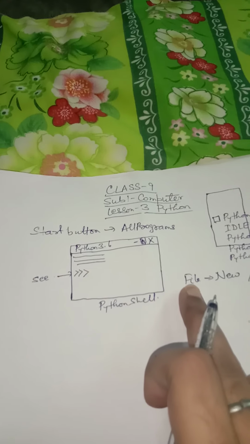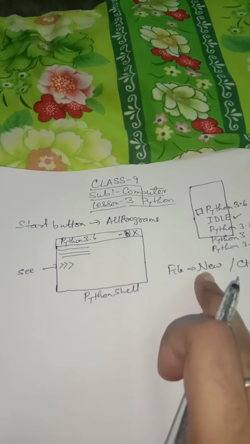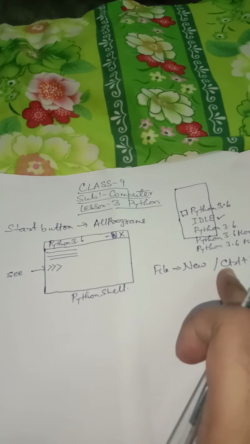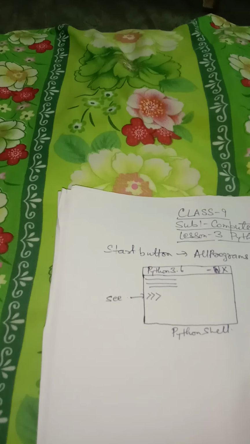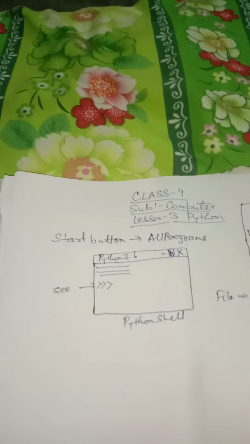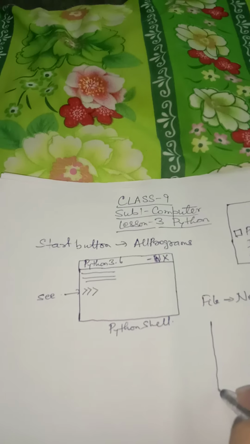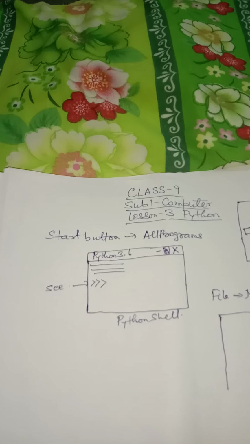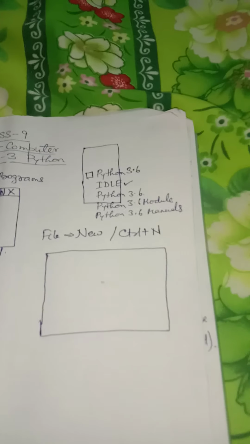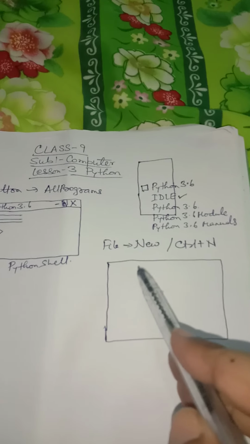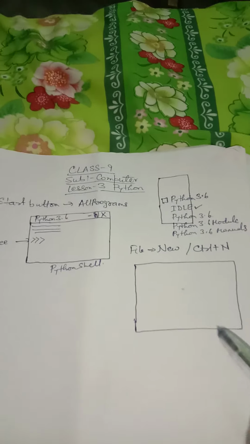As soon as we press Ctrl+N, a new window of this type will appear before us. This is the new window in which we can write our programs.